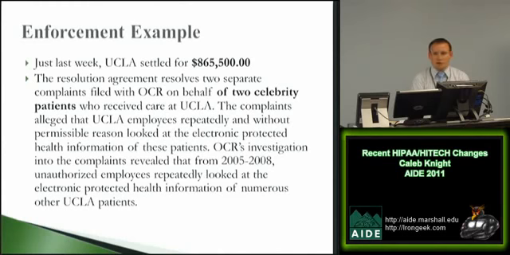I mean, that's not hard to imagine, right? You've got a curious nurse that wants to see. I actually heard that the two celebrities were Britney Spears and Farrah Fawcett. But you've got nurses basically checking up on what these celebrities checked into the hospital for. And if there's not a reason for that medical personnel to be accessing the record, then that's something that shouldn't happen.